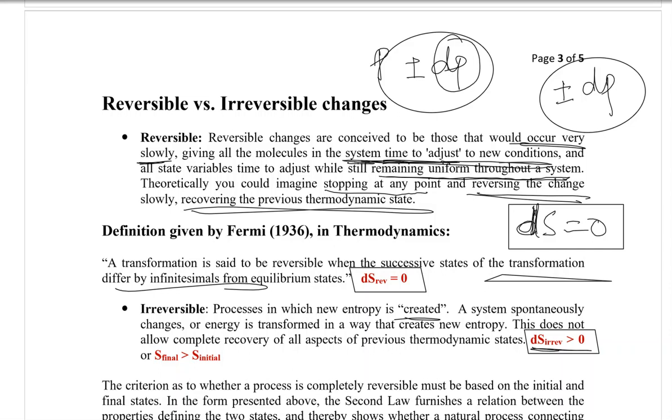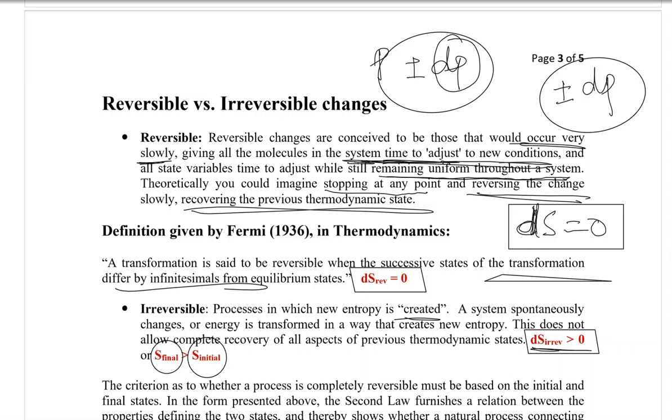The system changes spontaneously, or energy is transferred in such a way that it creates new entropy, which does not allow complete recovery of all aspects of the previous thermodynamic state. That means the final entropy would be more than the initial entropy.